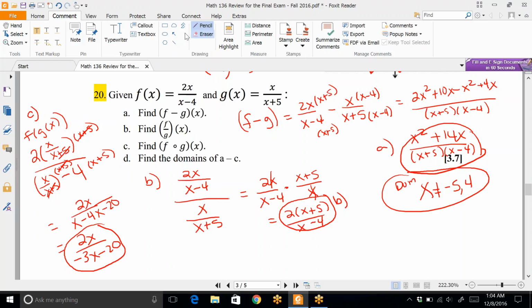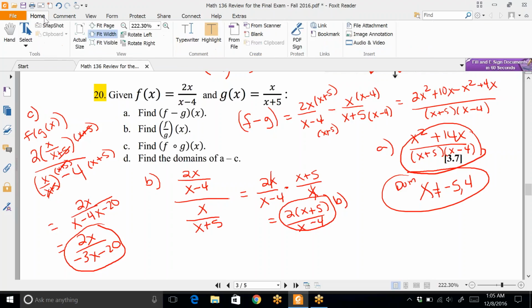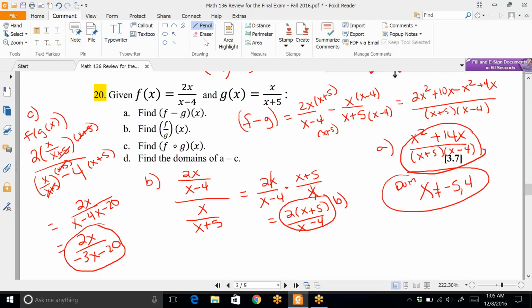For division, you have to be more careful. You actually have to look at anything that's a denominator originally, which means this and this are both in the denominator. And so is this. Sorry, I was trying to highlight that, but it did not want to work. So we can't have positive 4 because of this.